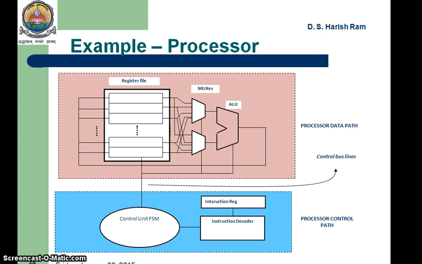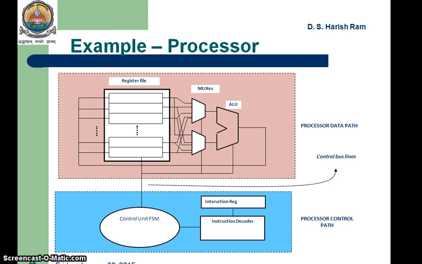So you can see that the data path elements are configured for storage and data manipulation by signals that are emanating from the control path. And in this processor, the control path is comprised of a state machine, of course, the control unit state machine, which essentially goes through the fetch, decode and execute phases. And the state machine is supported by signals from the instruction decoder.